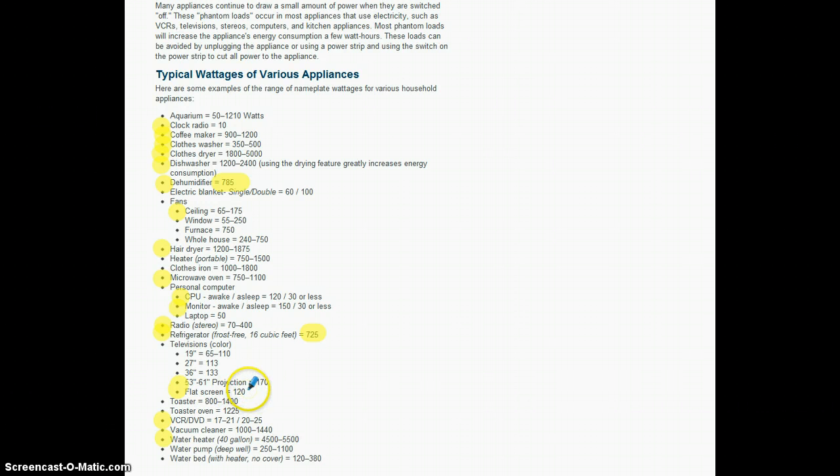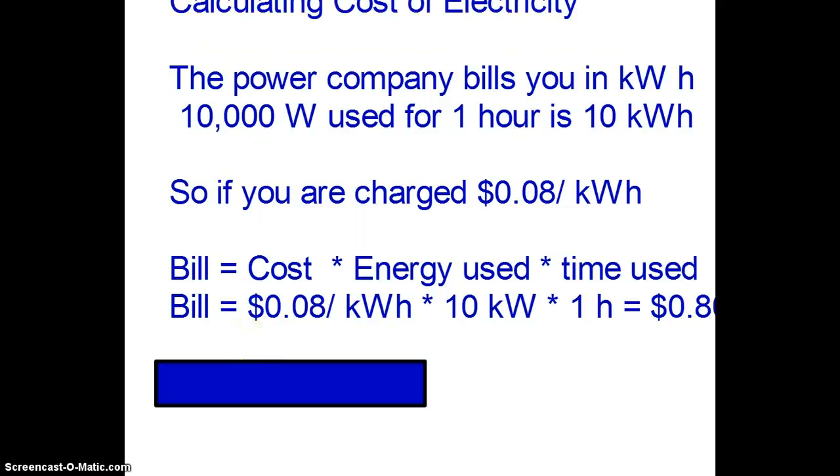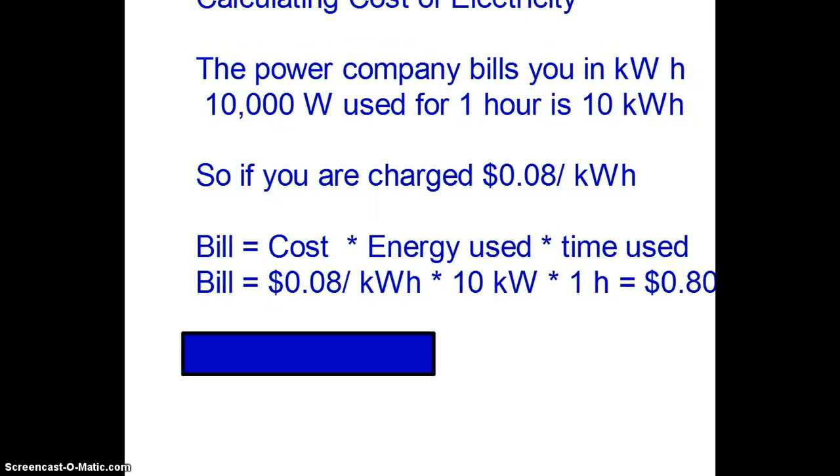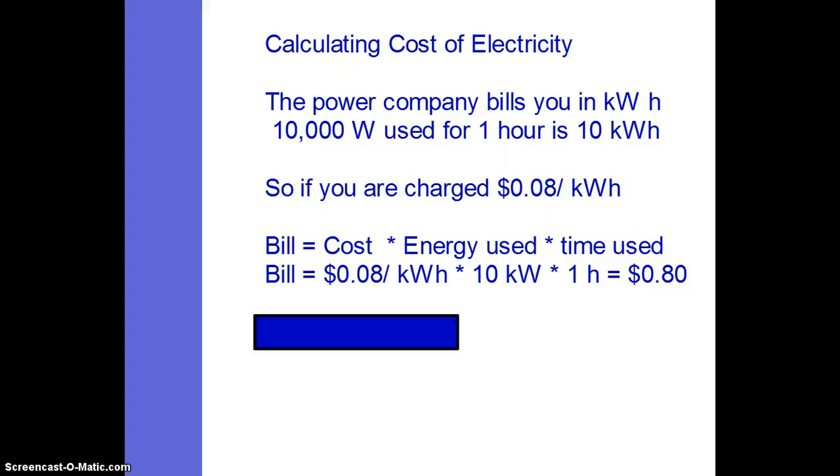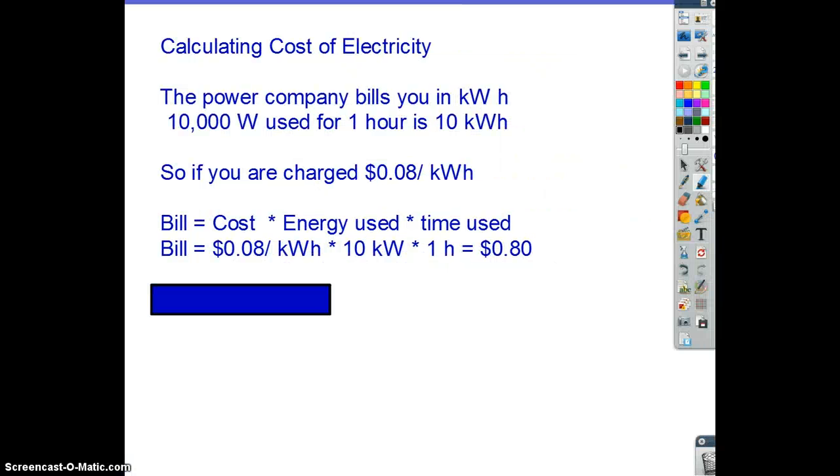Let's put 150 for our television calculation. Let's do that. If I want to watch television, let's go back to our notes here. There we go. That's a little better. Resize that.